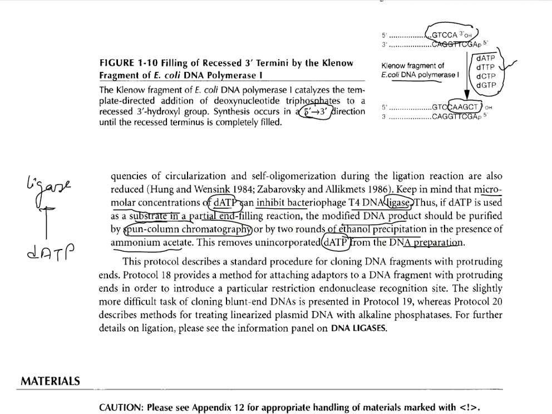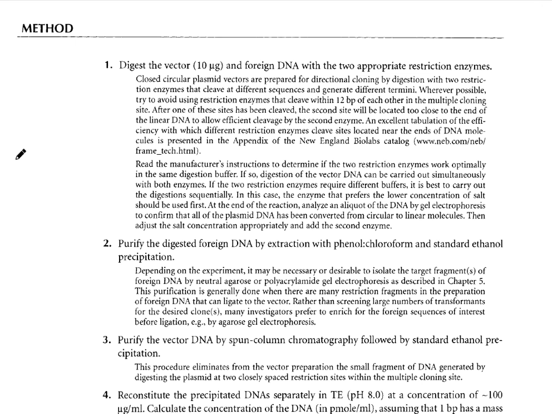So what materials are needed for directional cloning? We'll proceed with that. The materials and requirements will already be covered in the method. So the first step is to digest the vector. Around 10 microgram of vector is taken. That vector has to be digested and the foreign DNA has to be digested with the appropriate restriction enzyme.